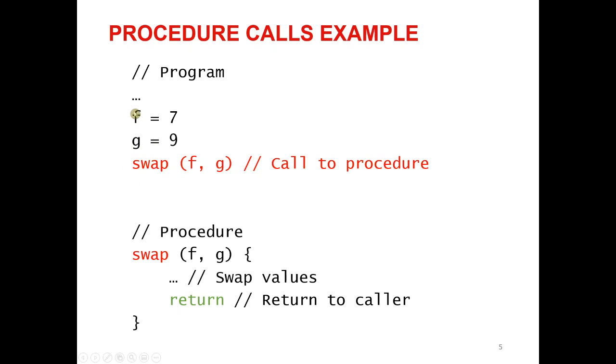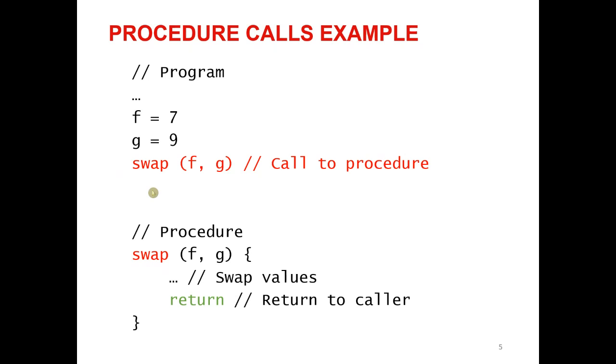Okay, so the flow of the program will be from up to down. At this point, at the swap function, it will jump to where the procedure is declared, it will execute those instructions, and in the return it will return again. I continue here with the rest of the code.